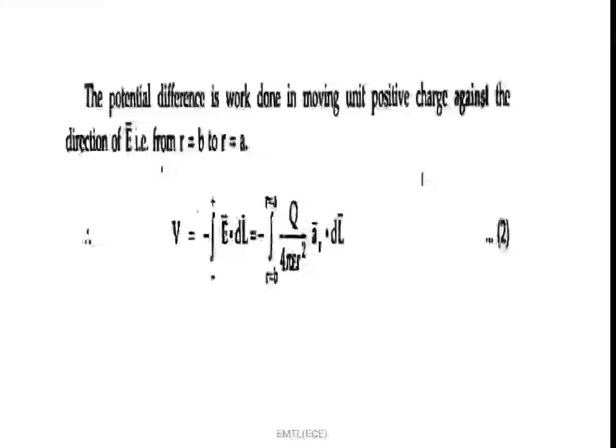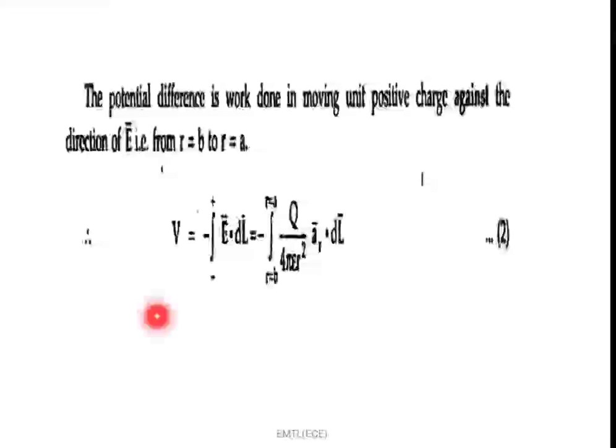Here the positive charge is on the sphere of radius B, so the unit positive charge is moved from B to A, which is against the field direction.